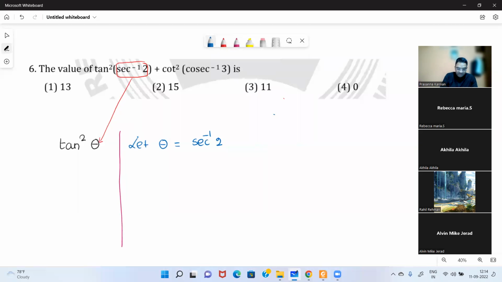So what will be secant theta? Theta is secant inverse 2, then secant theta will be 2. All right? We know an identity. What is the identity?